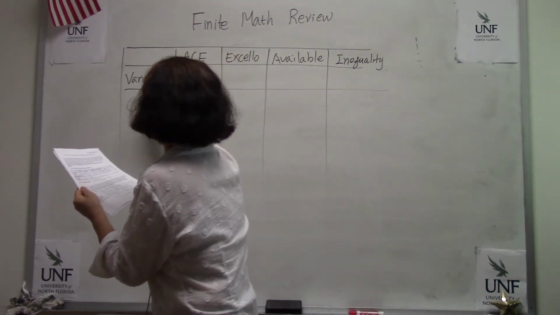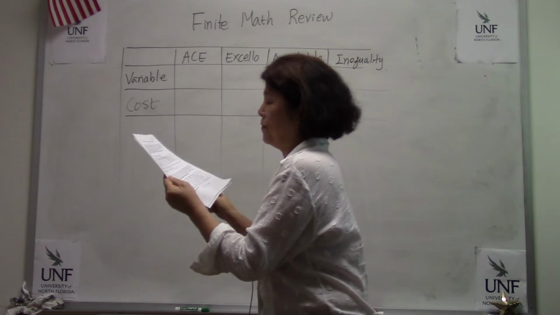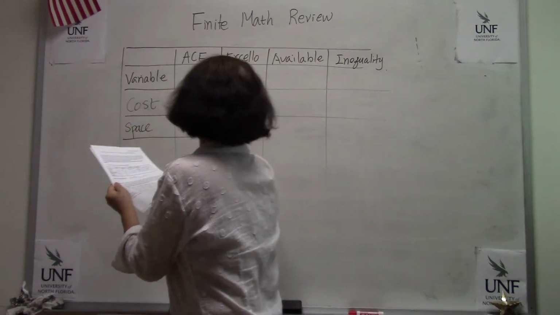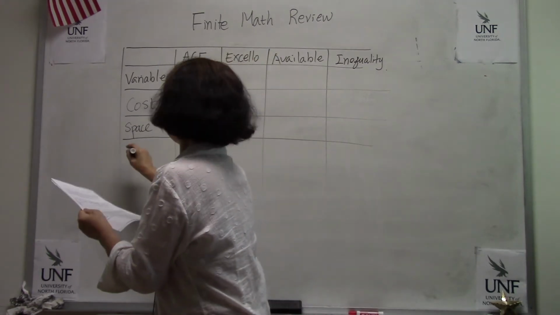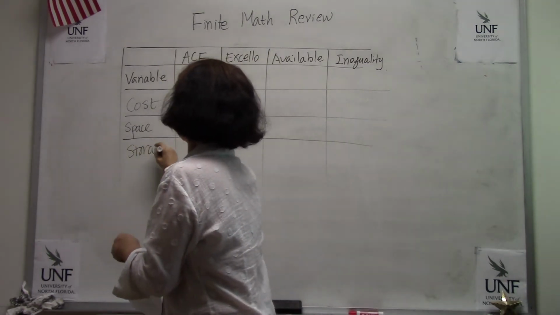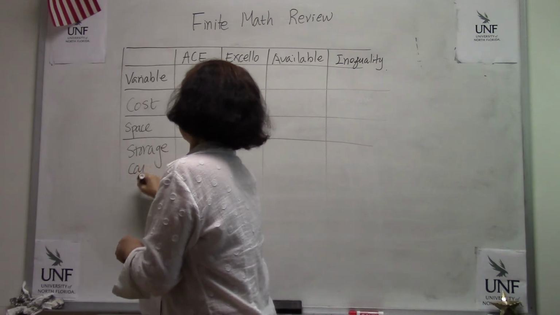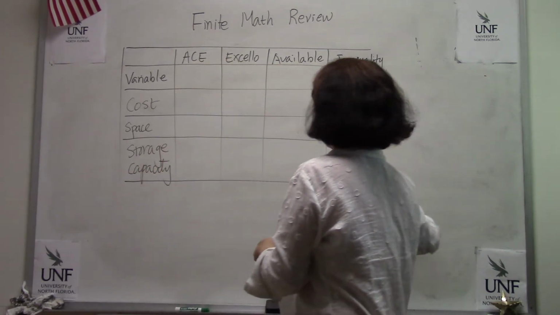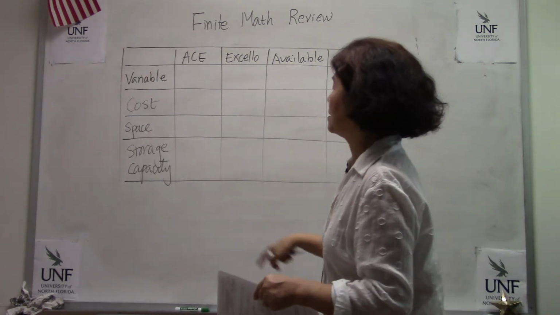Everybody look at the cost first. This column is the space needed. And at the end of the day, what do you look at? How much file can I put in there? So the storage capacity.